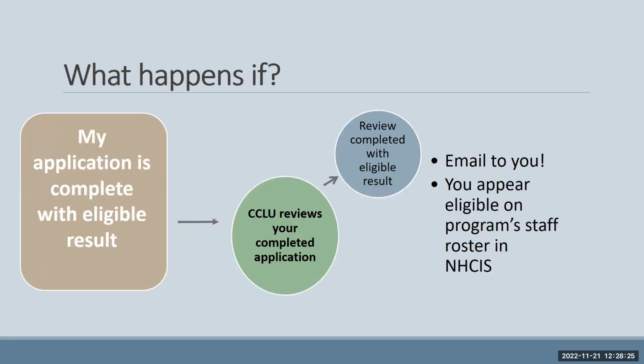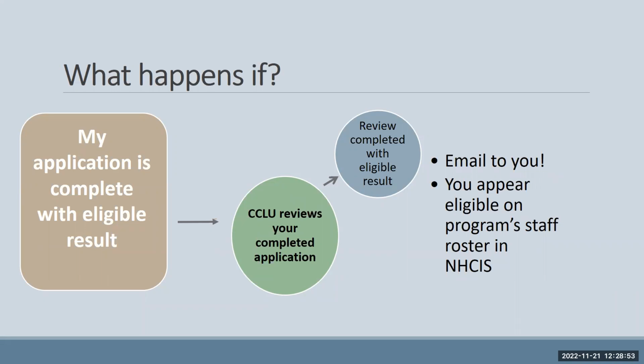So if your application packet is complete and all the record checks are reviewed, your application will then be fully reviewed. Once CCLU receives the results of your fingerprint-based criminal record check from the Department of Safety, and there's no disqualifying information, your employer will receive an email notification from CCLU stating you are cleared to work under supervision of staff who've already been deemed eligible.